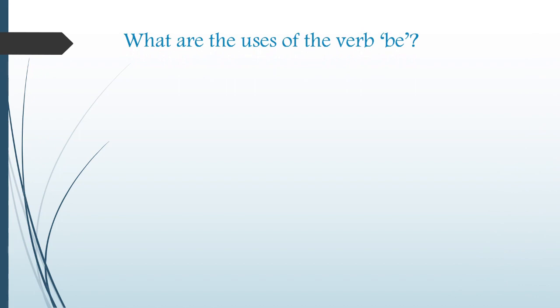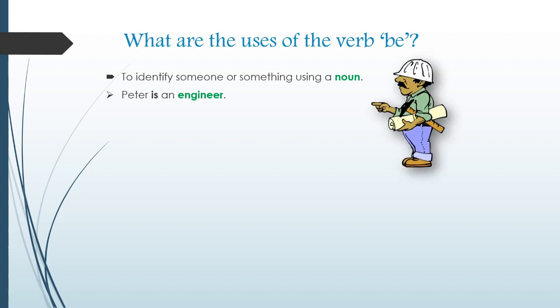And now let's talk about the uses of the verb be. I mean, when do we use it? Do we need to have it in every sentence in English? No. The first use is to identify someone or something using a noun. For example, when we say Peter is an engineer. Engineer here in this sentence is a noun, and we are telling people who is Peter.